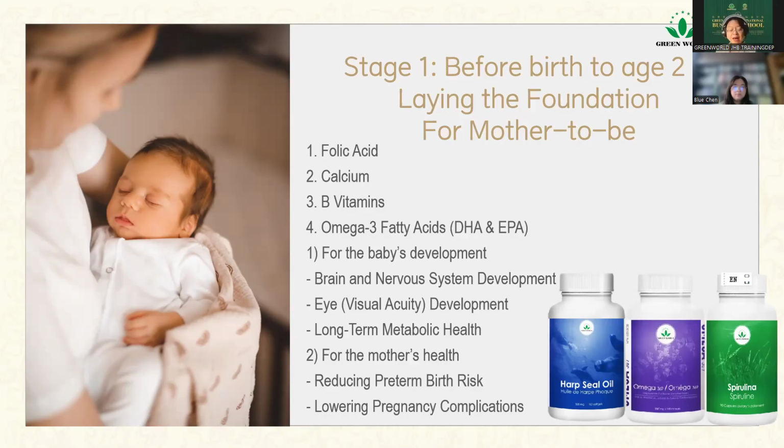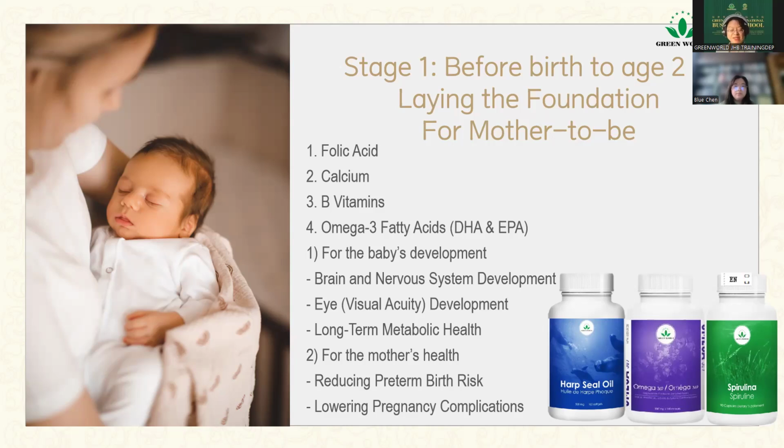Number 2, for eyes or visual acuity development. DHA is also highly concentrated in the retina of the eyes. It is essential for the normal development of vision, and adequate supply during pregnancy and breastfeeding has been shown to improve visual acuity in infants. Number 3, long-term metabolic health.